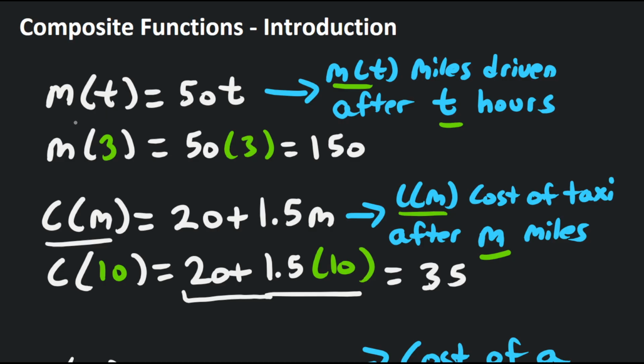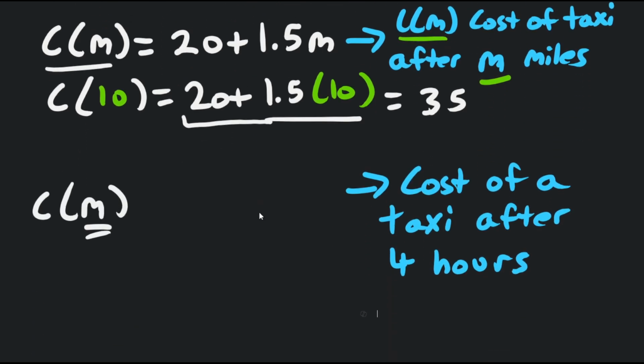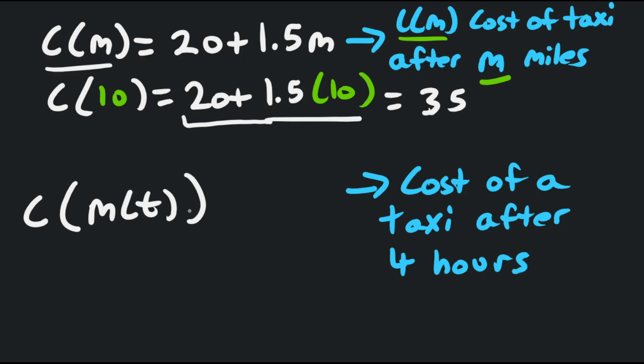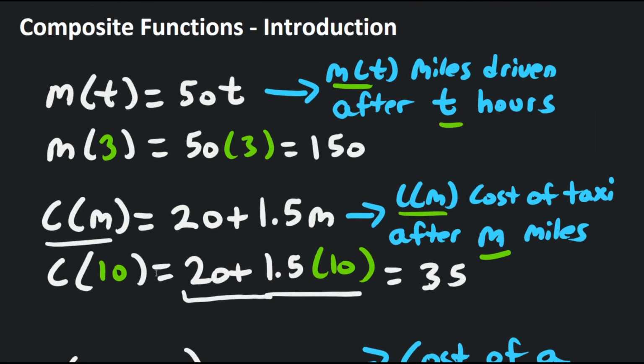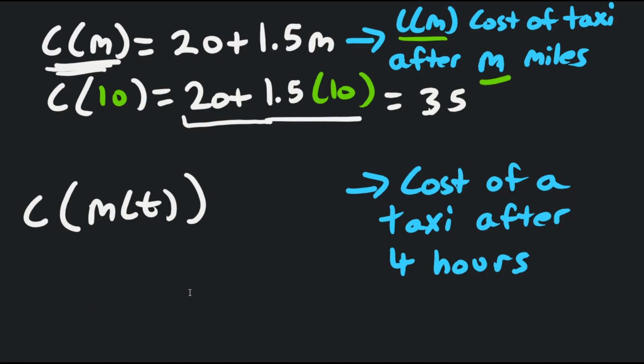So what we're going to do is compose these two functions. We are going to write c of m of t. We've composed c of m with m of t, and we've put m of t inside c of m. So this is a composite function that we've created, c of m of t.